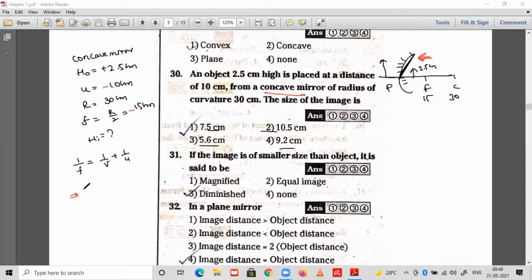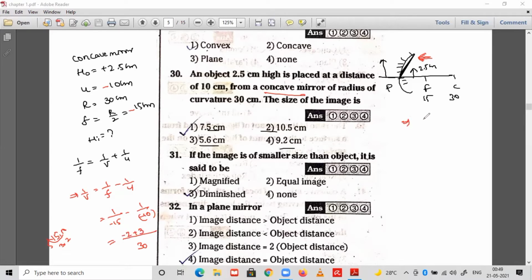So 1 by V can be written as 1 by F minus 1 by U, where F is minus 15 and U is minus 10. The LCM of 15 and 10 is 30.